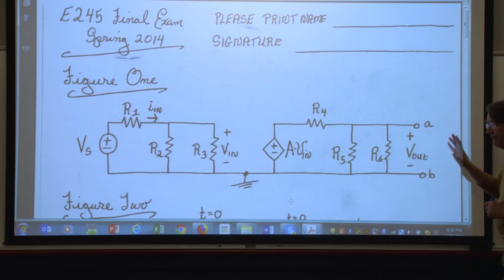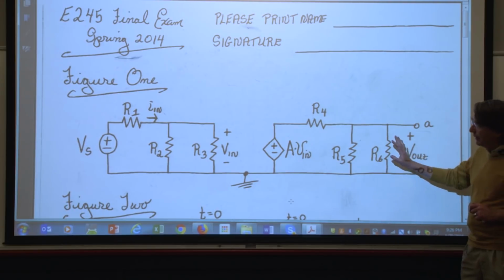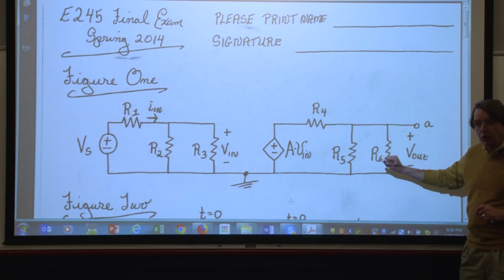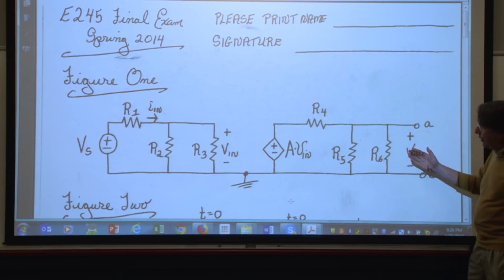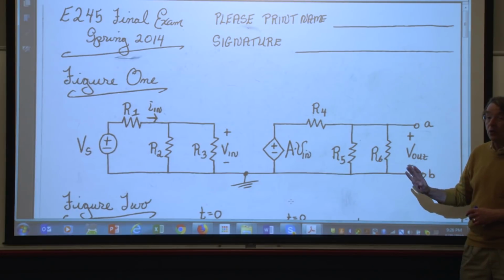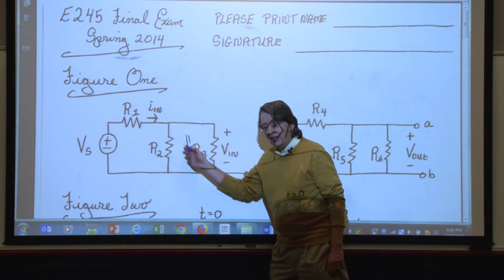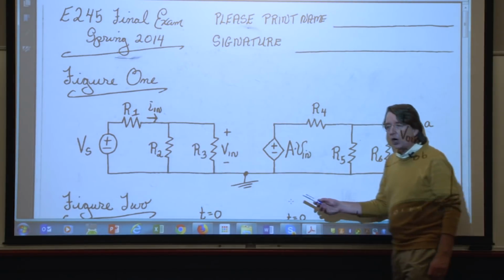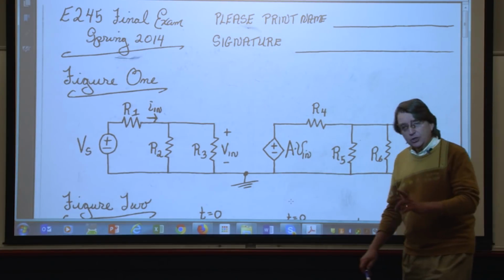What we need to do is have a strategy to approach this. So I look at this and say, I want V out over Vs. Now, we can start on the left side or the right side. Remember how this circuit works? All the current on the left stays on the left, and all the current on the right stays on the right. So this is all written up.